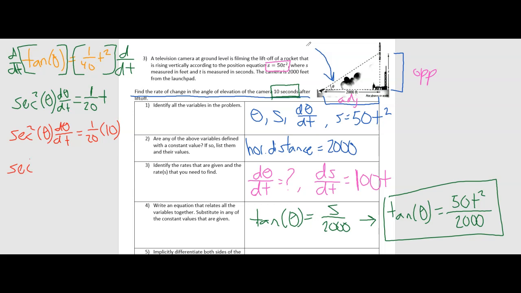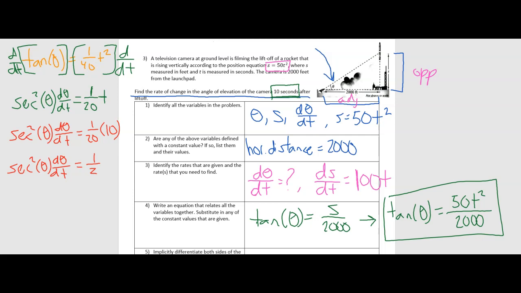So I get secant squared of theta times d theta dt is equal to, not 1 over 5, 1 over 2, or 1/2. Well, the problem here is I still need to know what my angle is. What's the angle 10 seconds after liftoff? Because right now I have two variables. I need to know what theta is so that I can solve for d theta dt.